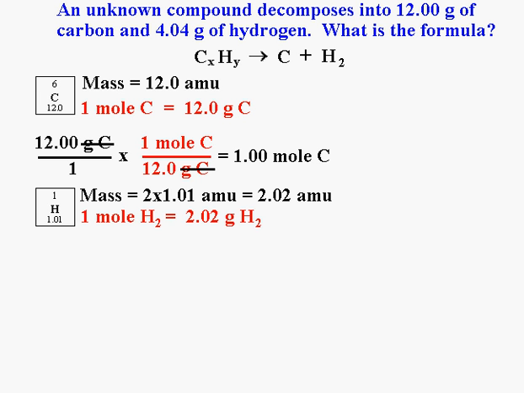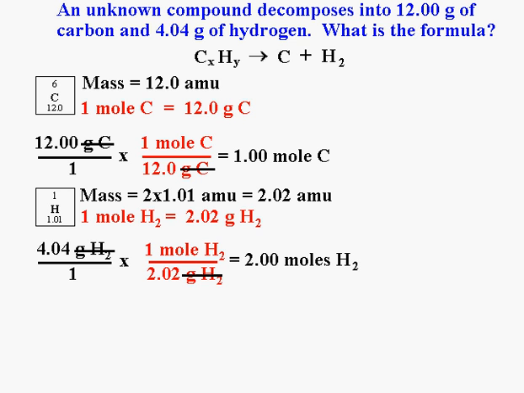That tells me that 1 mole of H2 is equal to 2.02 grams of H2. That's our conversion relationship between moles and grams. So now I can convert 4.04 grams of H2 times the conversion relationship, putting grams on the bottom so that they will cancel, gives me 2.00 moles of H2.